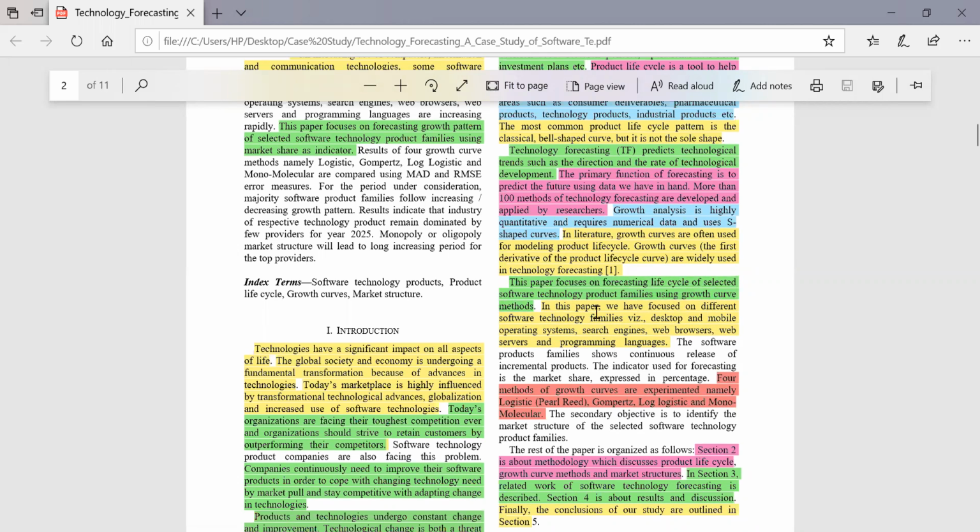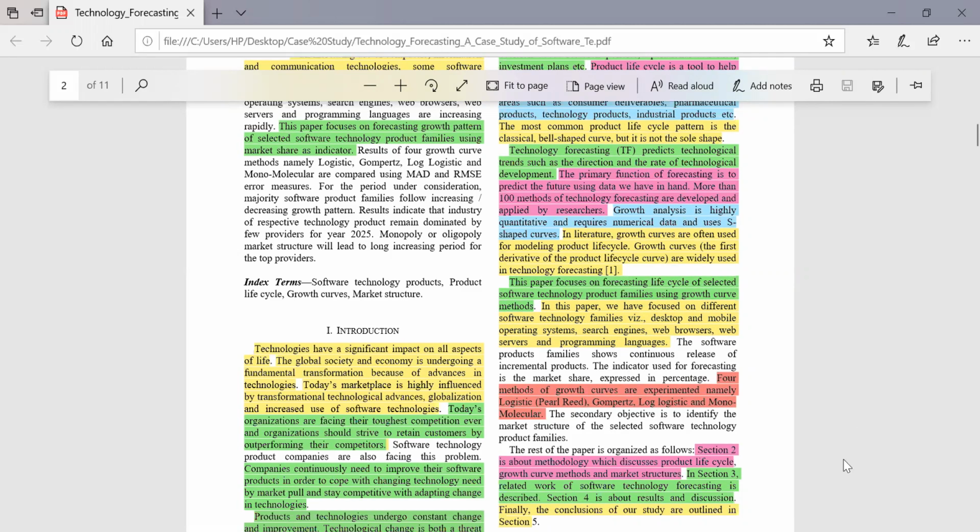Also, this paper focuses on different forecasting technology families, such as desktop and mobile operating systems, search engines, and web browsers. These are the software technology families focused on related to their life cycle for forecasting technologies.